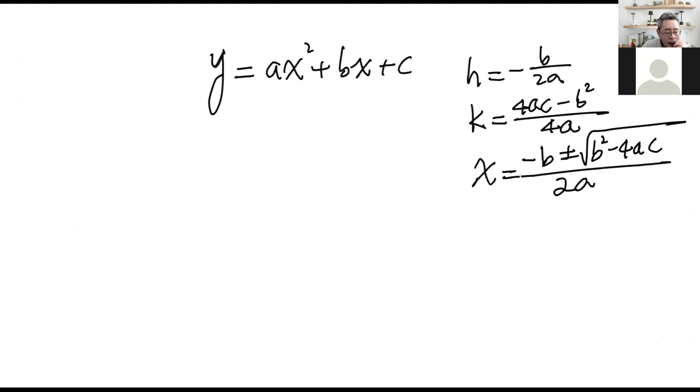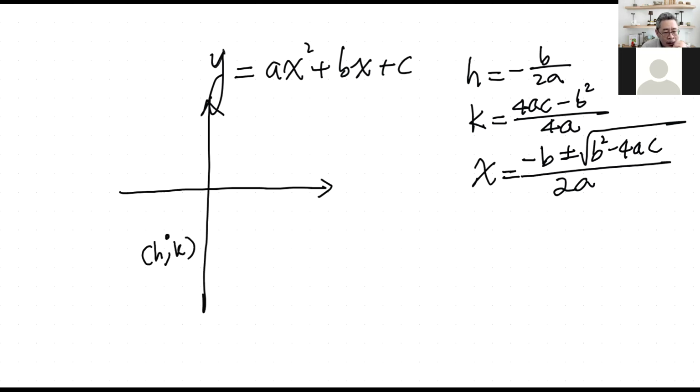Now, given that, we can just graph it, because we know the vertex will be our h comma k. And we can find the y-intercept. The y-intercept is when x equals 0, so the y-intercept is c. So let's say this is our c.